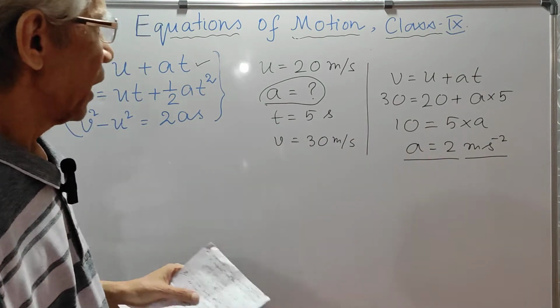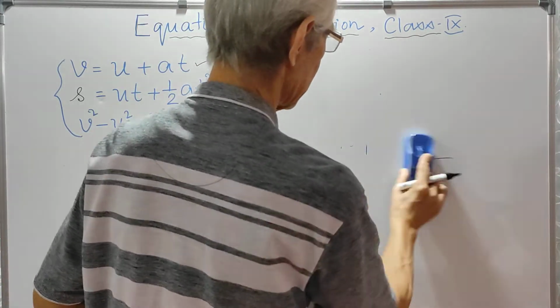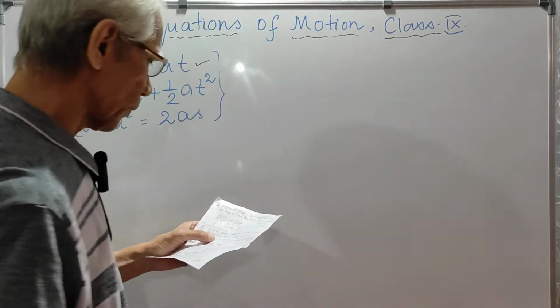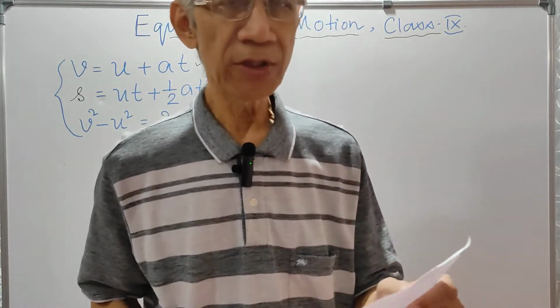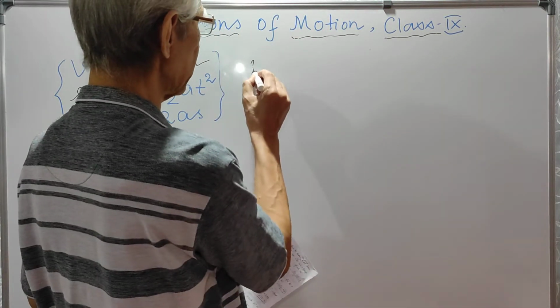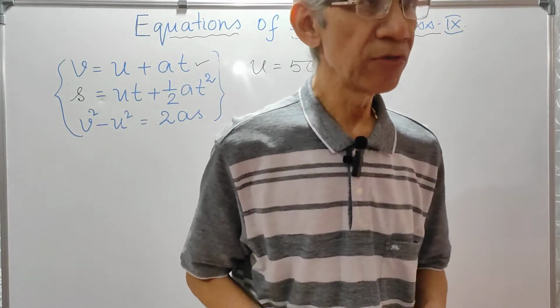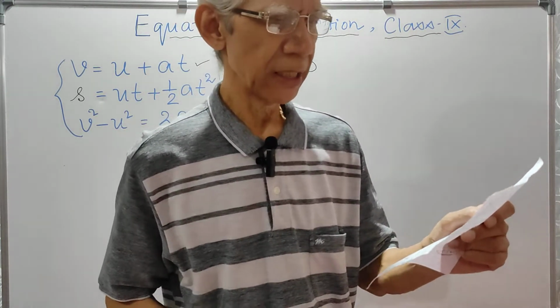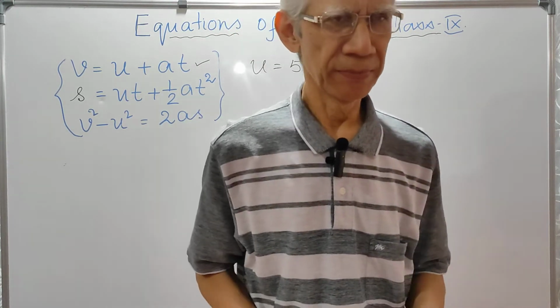Okay. Let us see another. Yes. A body is moving with uniform velocity 50 meter per second. So u equal to 50. Now this is a car.